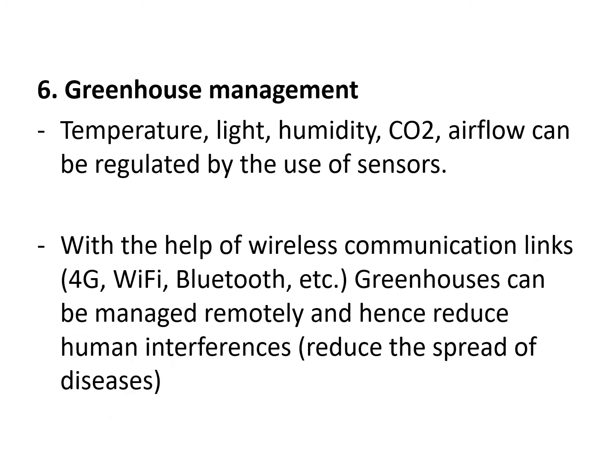Now, with the help of wireless communication links such as 4G internet, Wi-Fi, Bluetooth, etc., greenhouses can be managed remotely and hence reduce human interference, and in turn reduce the spread of diseases, because everything is done automatically and there are few instances where humans need to get into the greenhouse, and thus reduce the chances of humans spreading noxious insects or diseases into the facility.